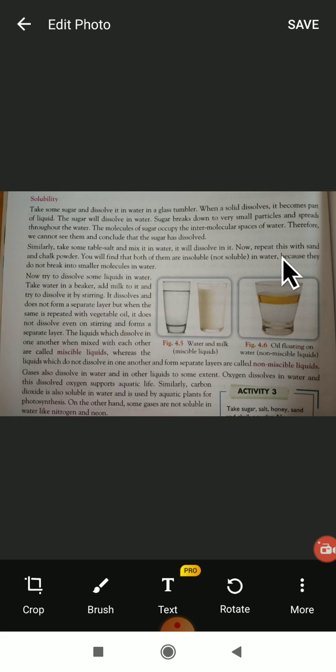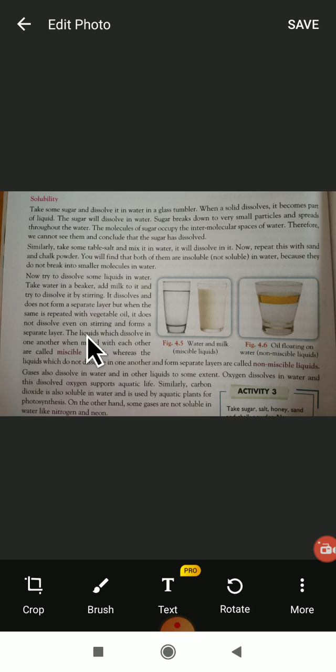Now repeat this with sand and chalk powder. Put the chalk powder or sand in water. The chalk powder will not dissolve completely. The remaining part will settle at the bottom.